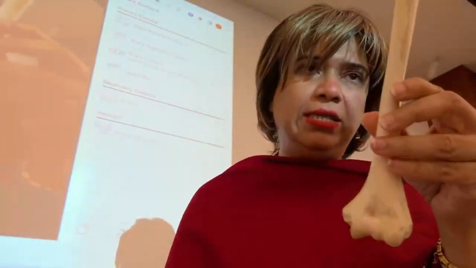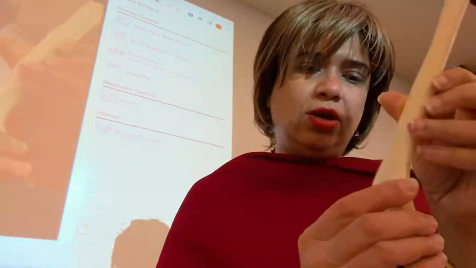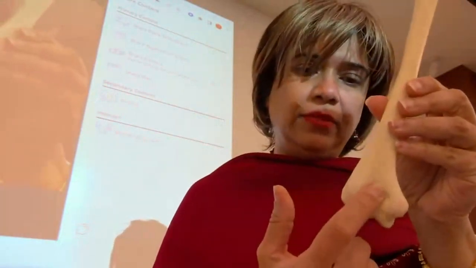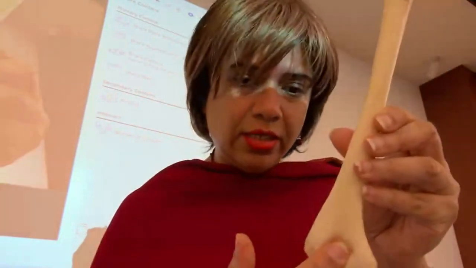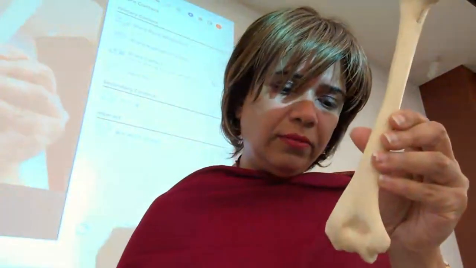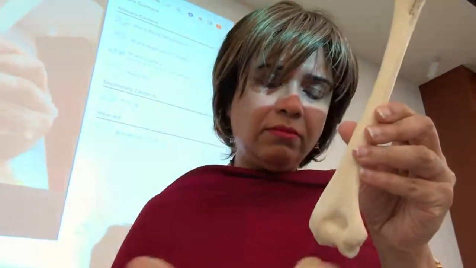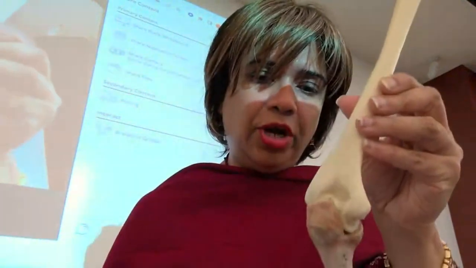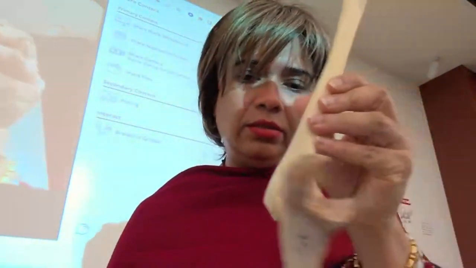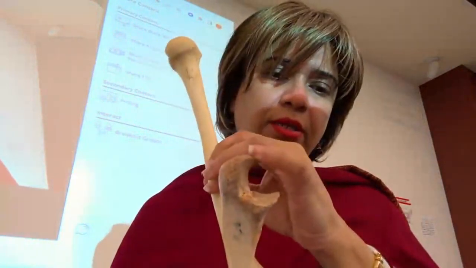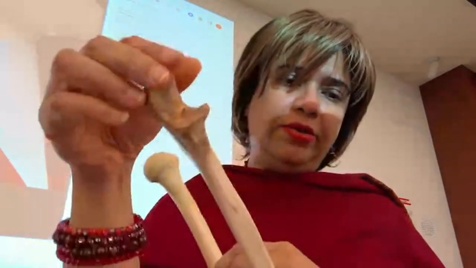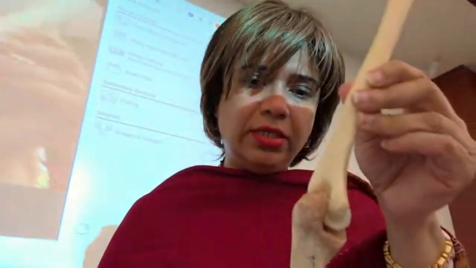And then on the back side of humerus, there is olecranon fossa. Olecranon fossa is always posterior, and it is posterior because your olecranon process of the ulna, which is this one. See how this olecranon process is going to fit right here.